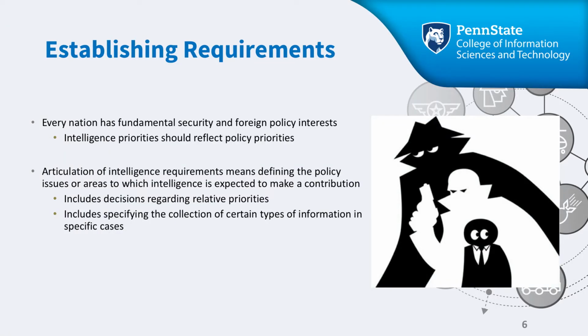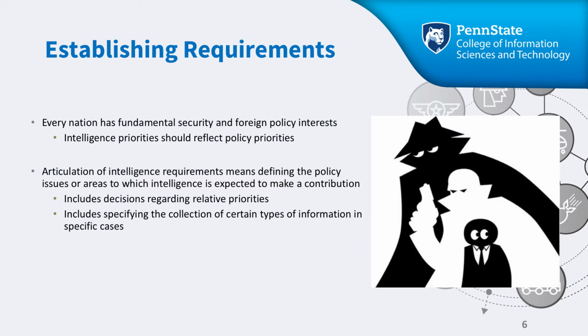Let's now consider the elements of that intelligence process or intelligence cycle one at a time. The first is the establishment of intelligence requirements. What needs to be collected? What problem needs to be addressed? Every nation has fundamental security and foreign policy interests.